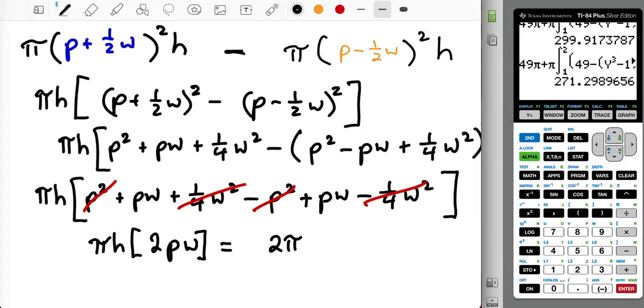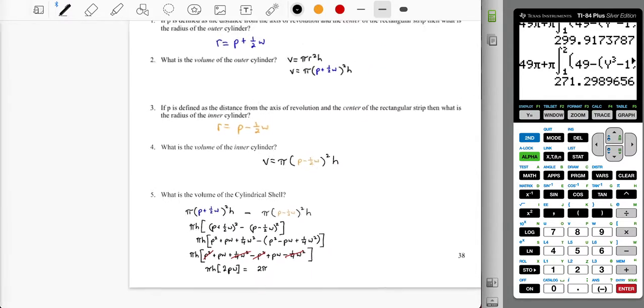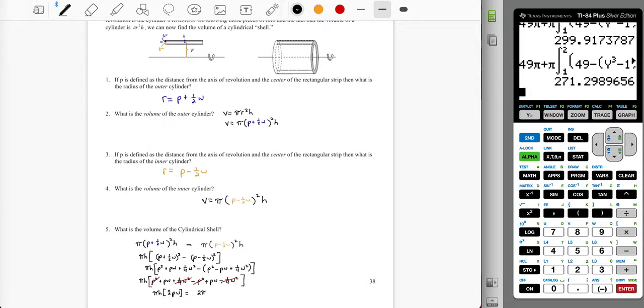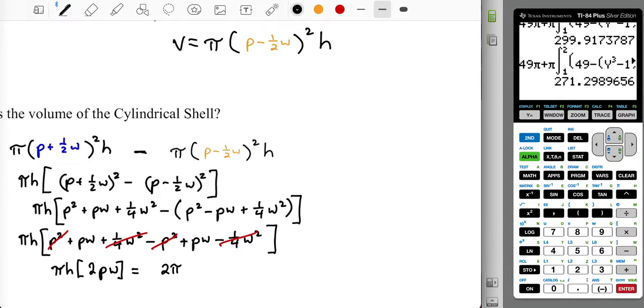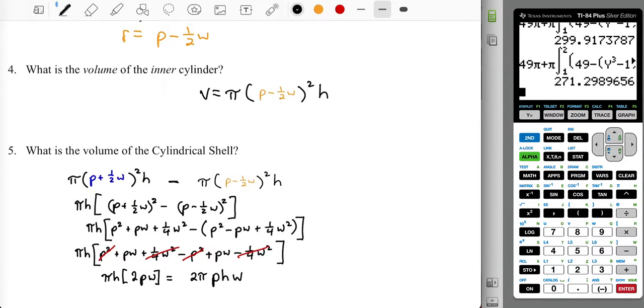Well, I could say 2 pi and then h P W. Looking at the diagram, the rectangle's width typically is a d, like dy or dx, so that probably should come at the end. I'll hold off with the W, but we'll have the P and the h, whatever order you want, and then W. So that's the volume of the cylindrical shell.